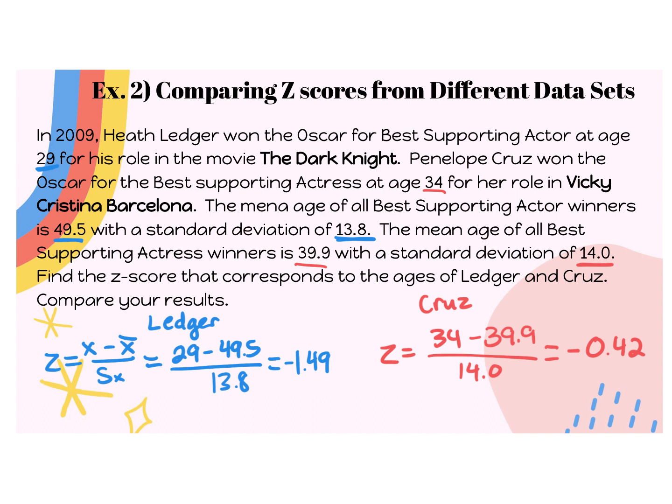So that means that Cruz is 0.42 standard deviations away from the mean. It's still negative though, so it's still to the left, still below the mean. So if we compare those results, we can see that the absolute value of her score, 0.42, is much closer to the mean. The larger the z-score, the further away from the mean that you are.